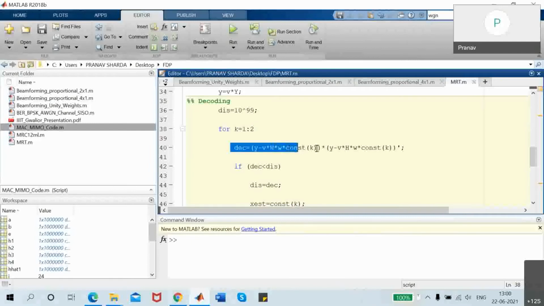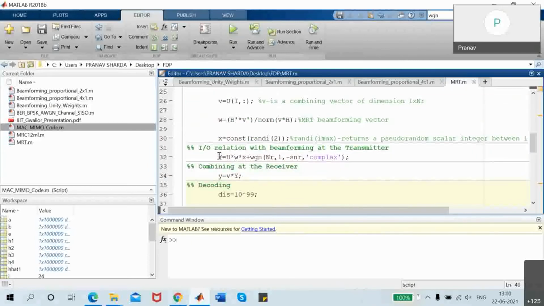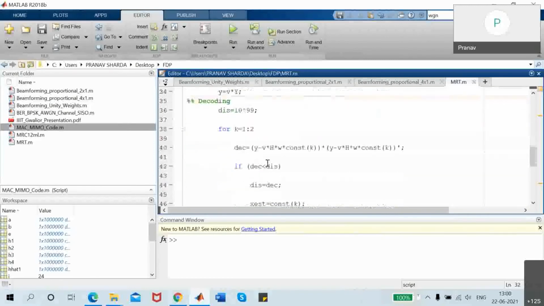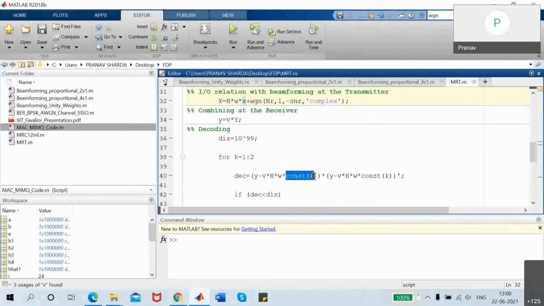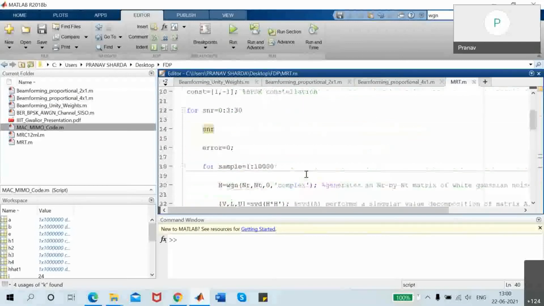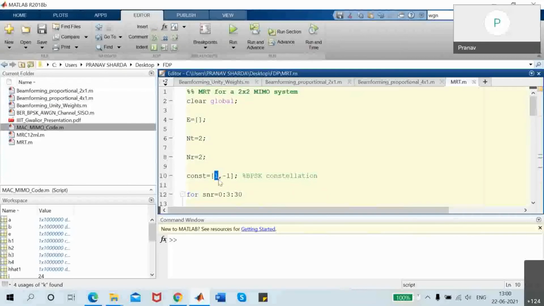So this decoding variable is defined according to the received signal, depending upon x taking a value 1 or -1, right? So this is the constellation const of k. If k takes a value of 1, it becomes const of 1, which will be 1. Just see the index.